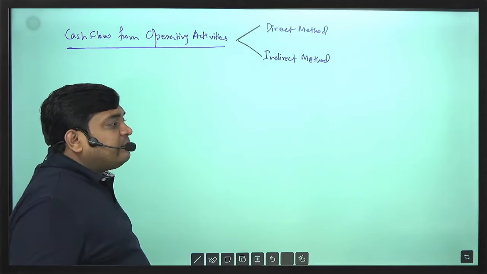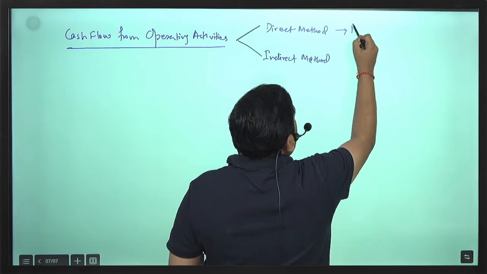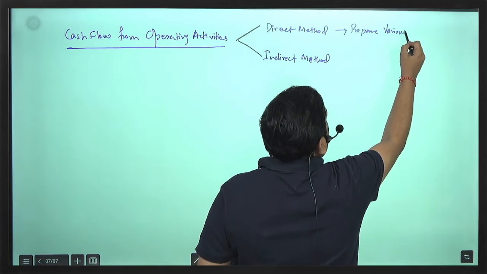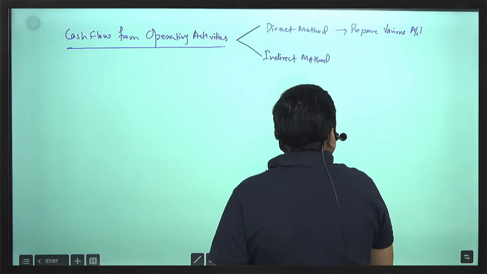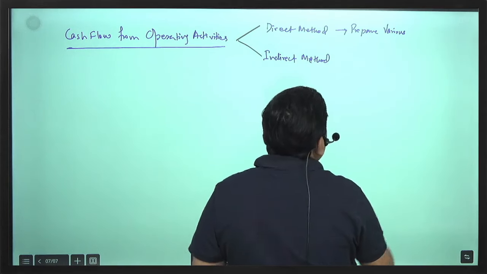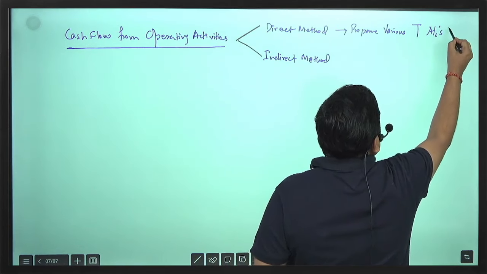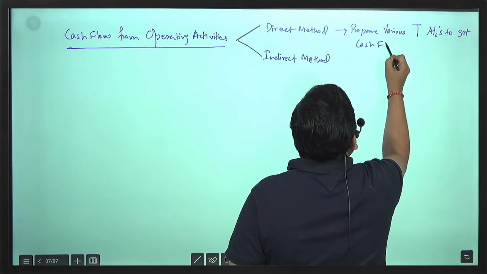Basically, under the direct method, what will happen? We have to prepare various T accounts to get cash flows.